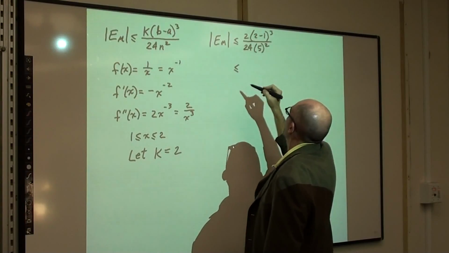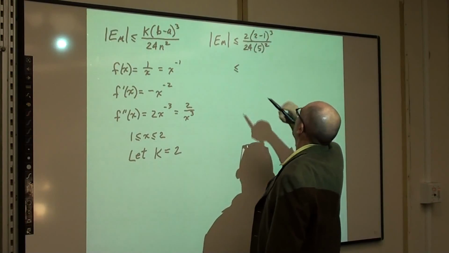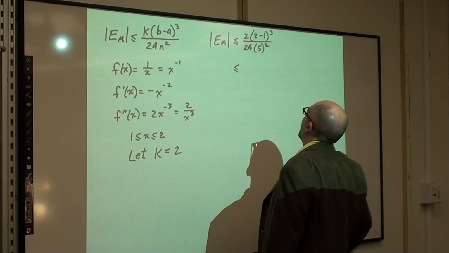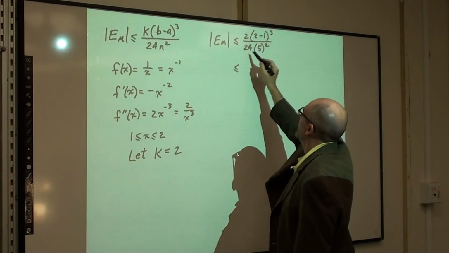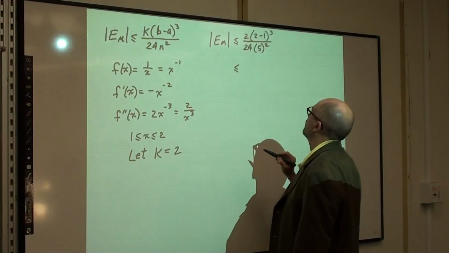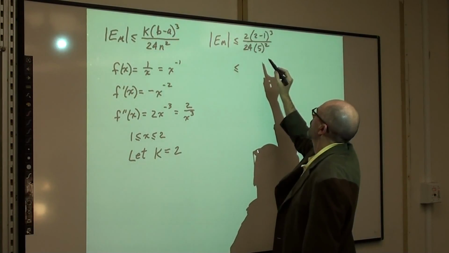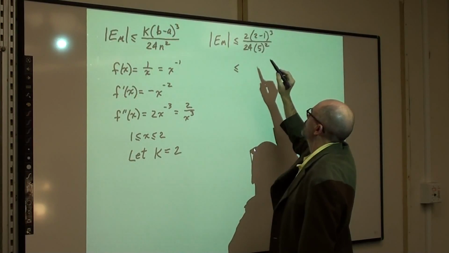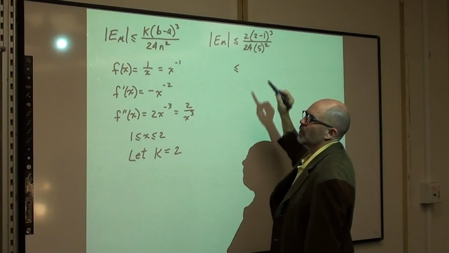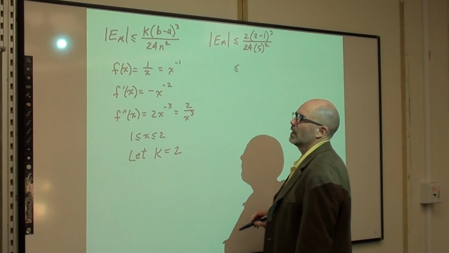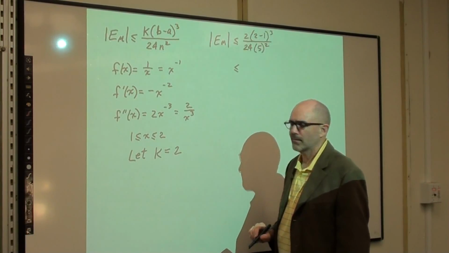So that error is going to be within 2 over 24 times 25. So 24 times 25 is 600. 2 over 600 is 1 over 300, which is 0.003 repeating.